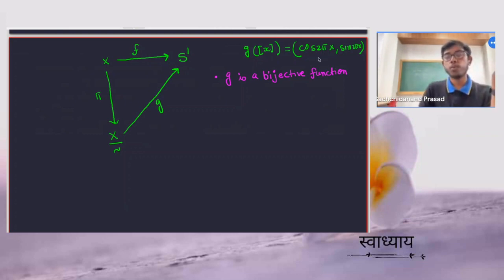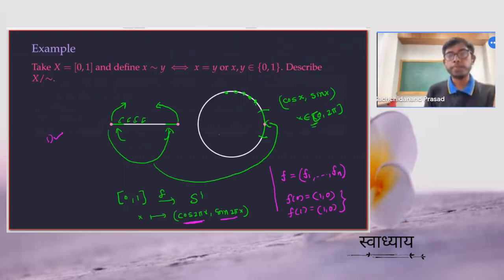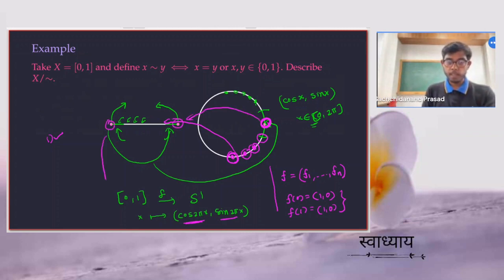And why so? We look at the picture: if I take any point other than this one, then any point here corresponds to one point on the interval, so the pre-image has exactly one element. The only problem was this point. If I take the pre-image here, it contains 2 points, but in the quotient it contains only 1 point.